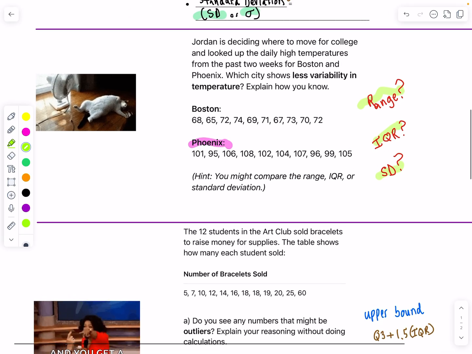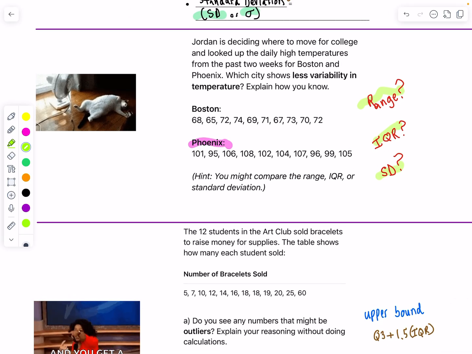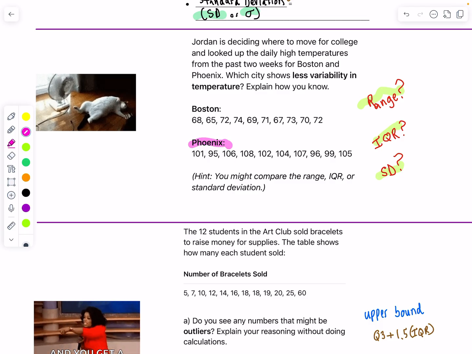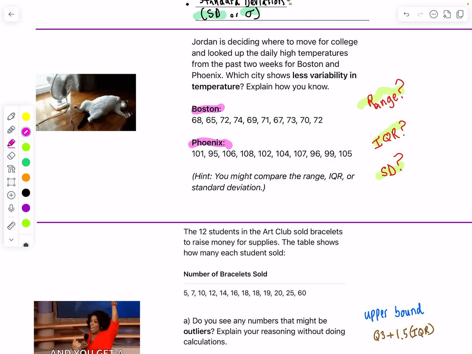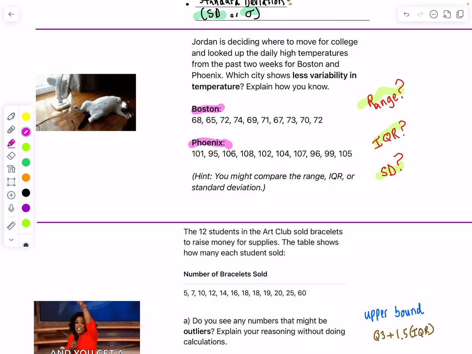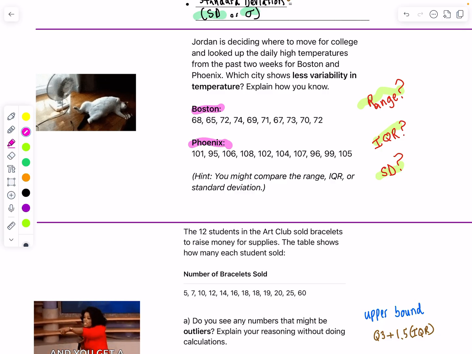So now I have a couple of questions very similar to the questions you're going to have on your quiz tomorrow. It says, Jordan is deciding where to move for college and looked up the daily high temperatures from the past 2 weeks for Boston and Phoenix.